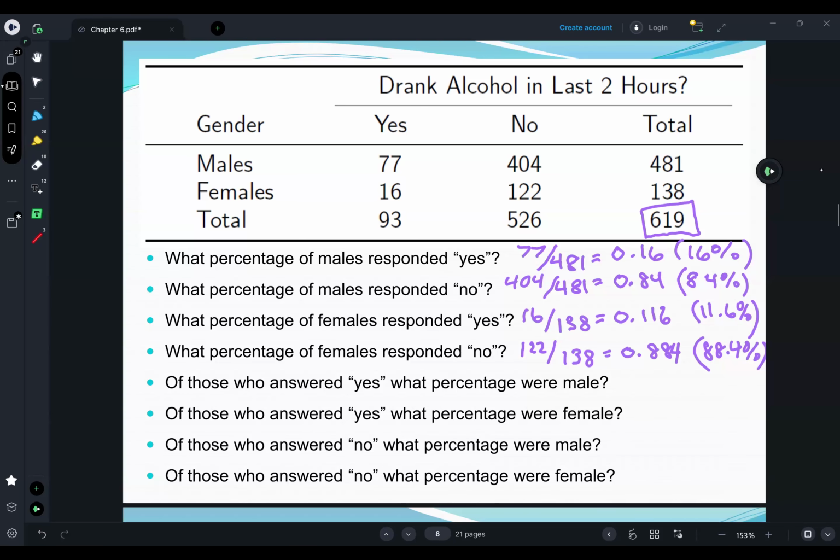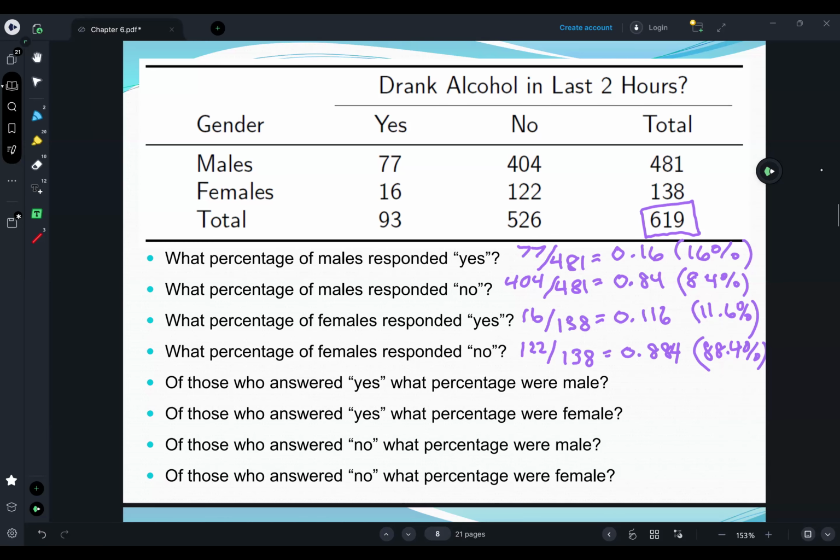Now so far it's been pretty straightforward. Now the questions you have to think about are which variable are they wanting out of this and which one should I divide by? So, of those who answered yes, what percentage were male? This is different than what percentage of males responded yes. This chapter is all about the wording of the question. It changes the answer.